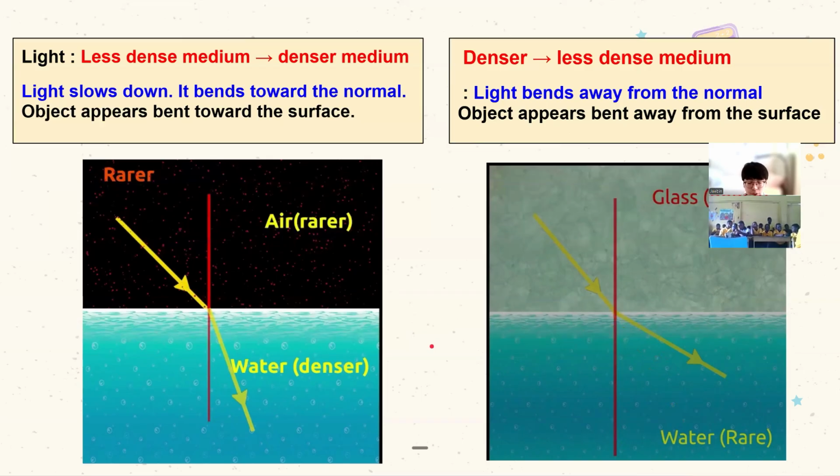Don't think of it as too difficult, because I think there were only a few questions on this on the exam. Just think of light going from less dense to denser medium as bending toward the normal, and light going from dense material to less dense material as bending away from normal.